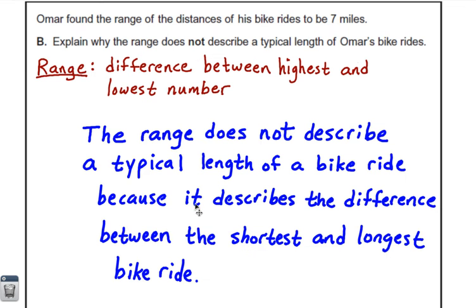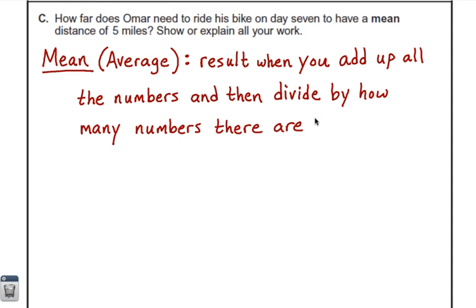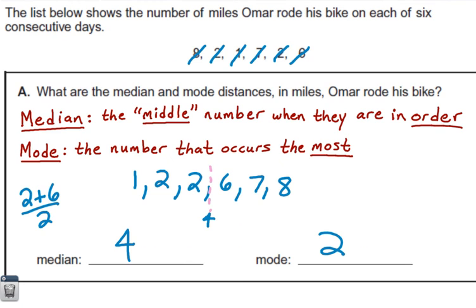But they're trying to make this as tricksy as they possibly can when they say, what would the 7th bike ride need to be for the overall mean to be 5 miles? So they're actually giving you the final answer, and they want you to figure out what that 7th number would be. So let me just double check this.